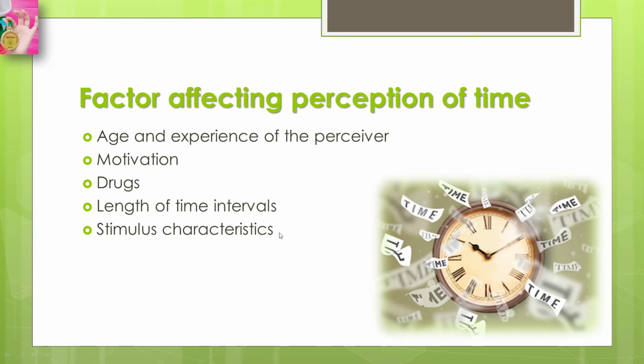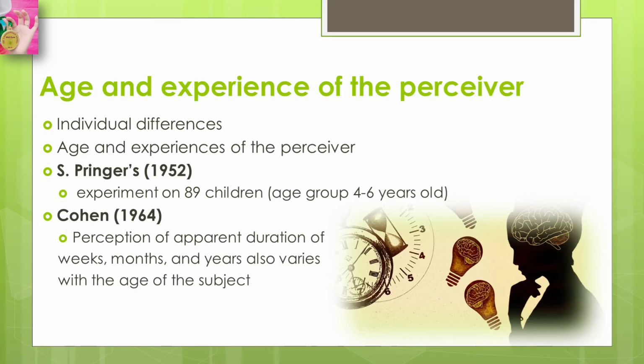And after that, stimulus characteristics is also a factor that is affecting the perception of time. So we will be discussing each of those topics one by one. So let's start with the age and experience of the perceiver, which plays a role as a factor in affecting the perception of time.